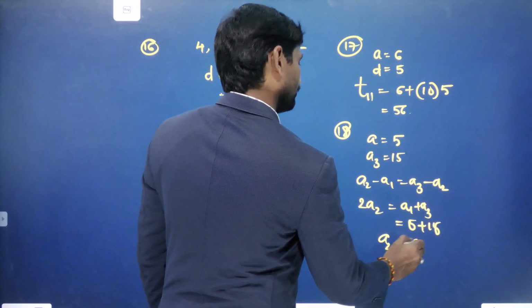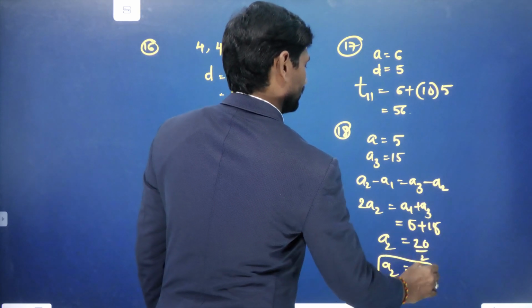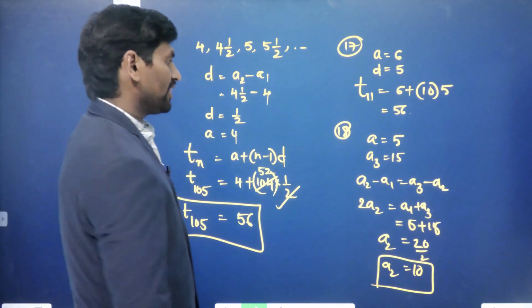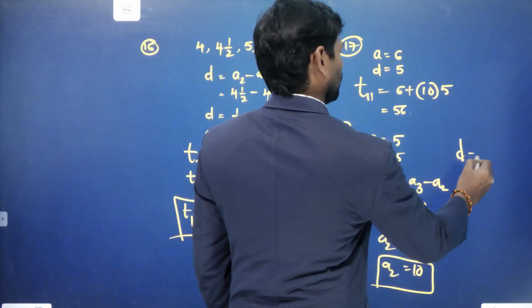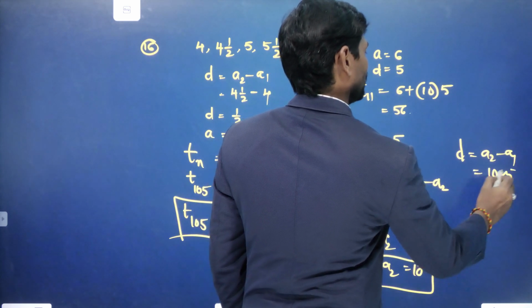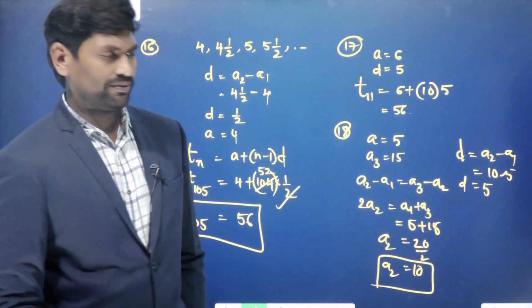So a2 term is 10. So second term we got 10. Okay? So what is the common difference then? Common difference will be 5. So a2 minus a1, that is equals to 10 minus 5. Answer is 5. So first term is 5, common difference also 5. We need to find S16.